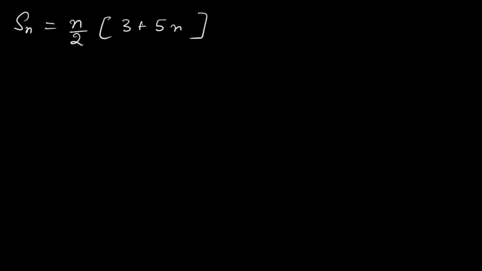If you're multiplying, it will be 3n by 2 plus 5n square by 2. It won't be only 3 by 2. Although it's not required.